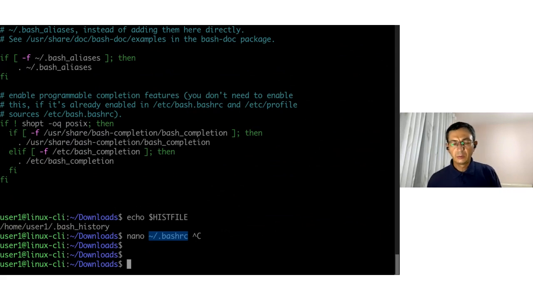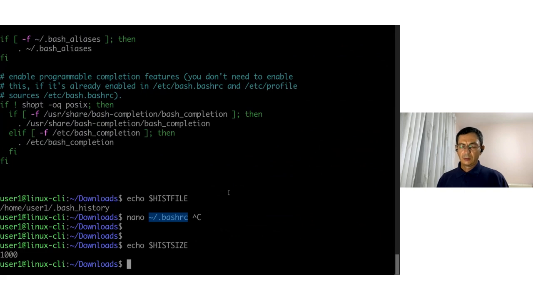And let's see how we can modify an environment variable. This history size is an environment variable that shows how many commands are stored in the history of commands. The history of commands is a list of commands stored in a file.